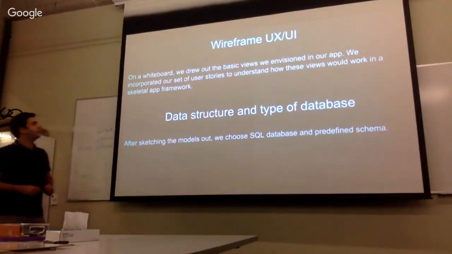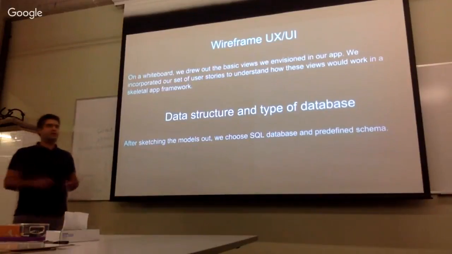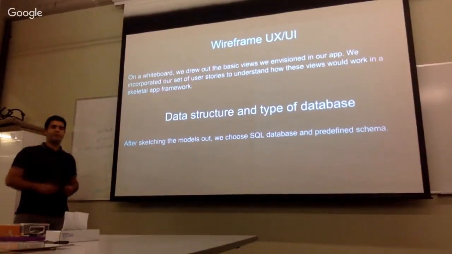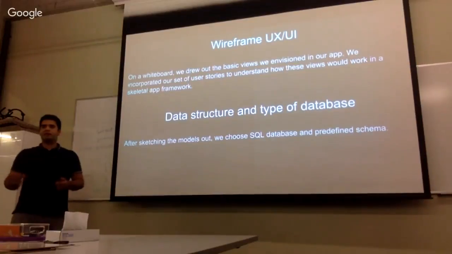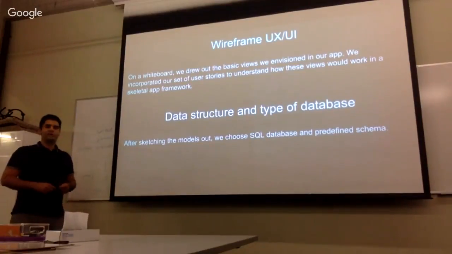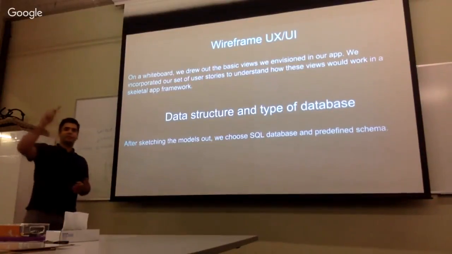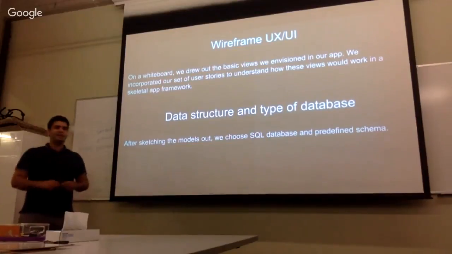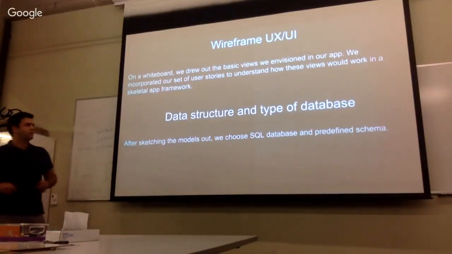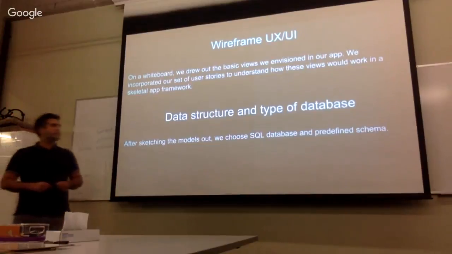As for wireframing, when we started to build the app, we went to whiteboarding and drew a lot to see what we wanted it to look like. We took inspiration from LinkedIn, where we can scroll down without moving the page inside. For the data structure, we chose to work with a SQL database.